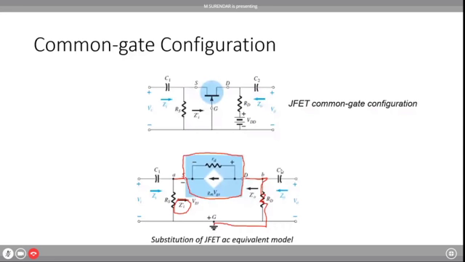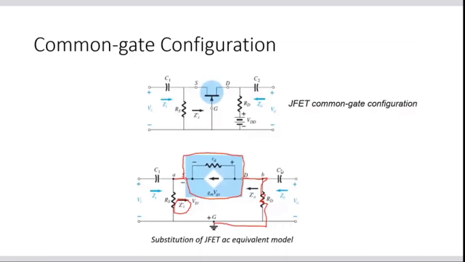For this highlighted circuit, if I find the equivalent impedance Zi prime, then I can compute the complete input impedance Zi, where Zi will be equal to Rs parallel with Zi prime.